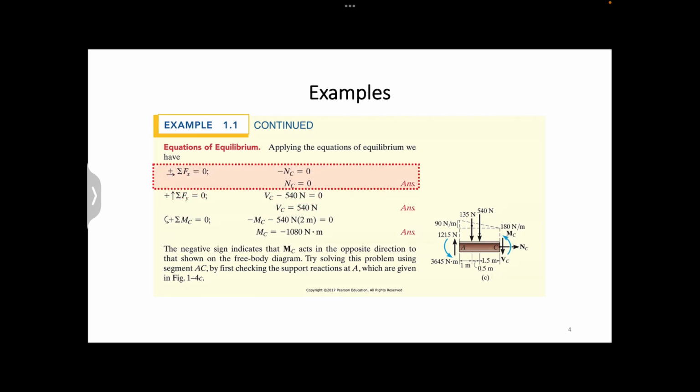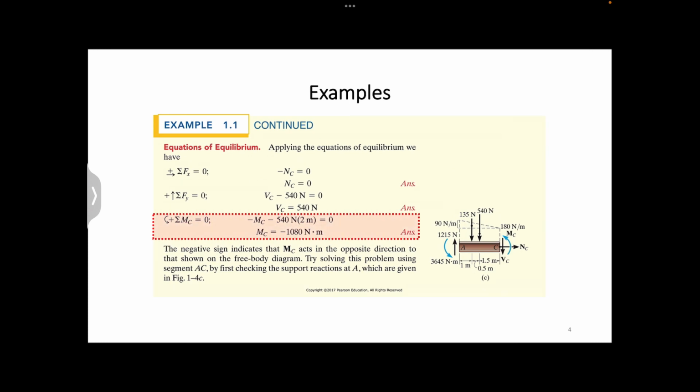First, based on sum of the force in horizontal direction, we can find the internal normal force at C to be 0. Then, based on sum of force in the vertical direction, we can find the internal shear force at C to be 540 Newton.